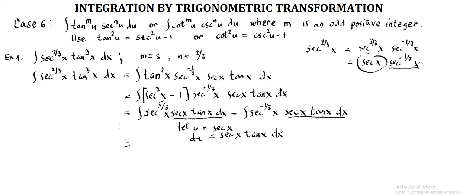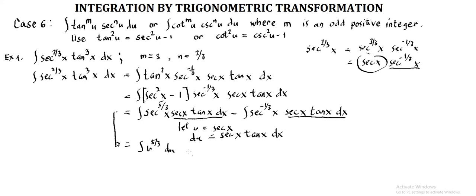After that, susulat natin in terms of u, yung bawat integral na yan. So, magkakaroon tayo ng integral of, sa una, we let u equal secant x. Tapos, meron tayong exponent na 5 over 3. Tapos, itong term na secant x, tangent x dx equals siya sa du.